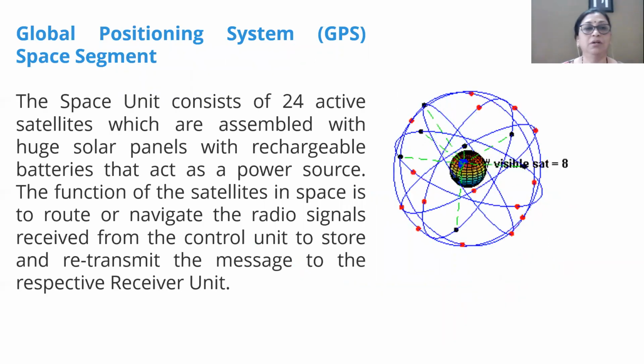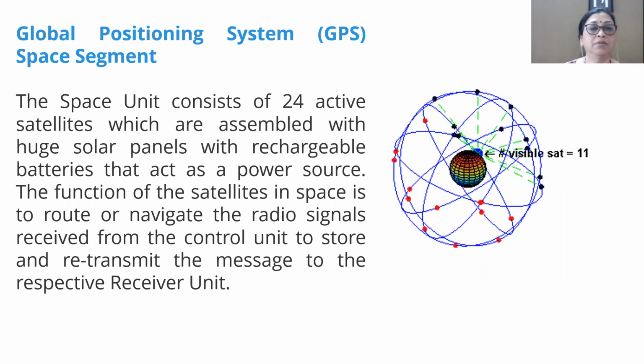Now, coming to the space segment of the GPS system, it consists of basically 24 active satellites. These satellites are assembled with huge solar panels with rechargeable batteries. These solar panels are used to continuously power the satellites.